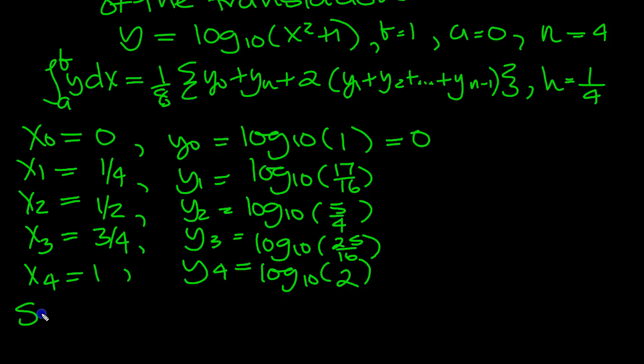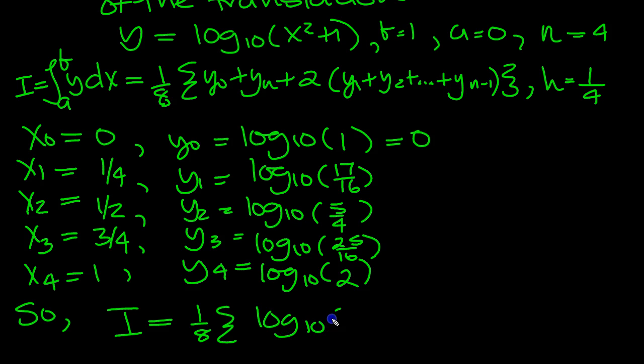Okay, so I is equal to then. So what have we got? This we can label as I, to save us writing it again. It's 1/8. The first and the last, isn't it? 0 and log that, so it's just log 10 of 2 plus 2 lots of all the values in between, and there's 3 values in between, aren't there?